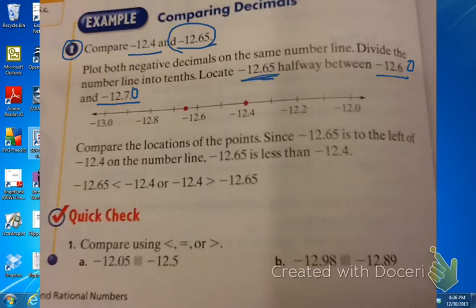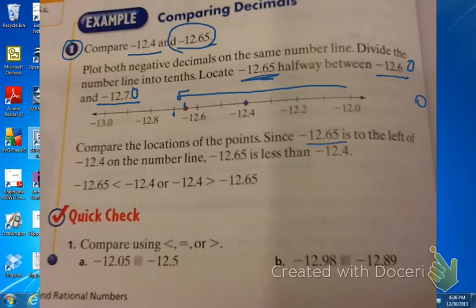Negative 12.65. So they find negative 12.4 on the number line, and then negative 12.65 halfway between 12.6 and 12.7. And if you look at this again, 0 is way over here, so as you move left of 0, away from 0, the numbers have less value.